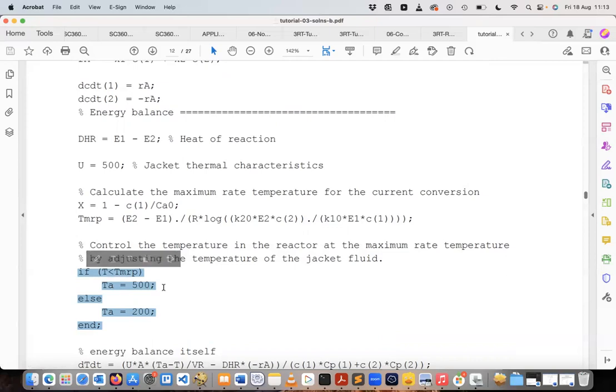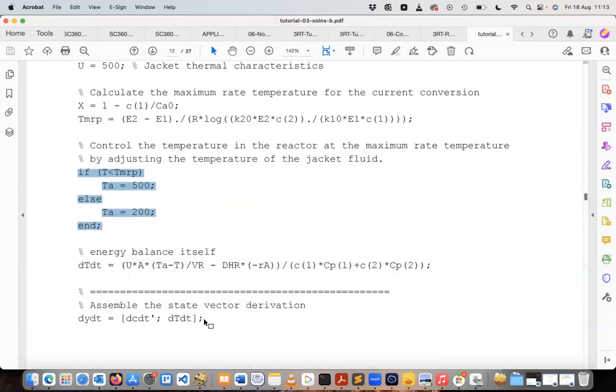So apply in the jacket, blast it with a high temperature, let your jacket fluid be at a high temperature. Otherwise, when the temperature is greater than the maximum rate temperature, then we want cooling, then apply a much lower temperature here.